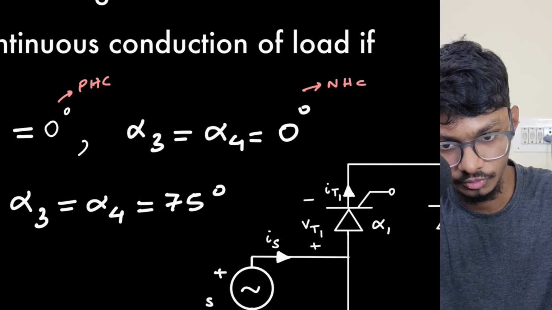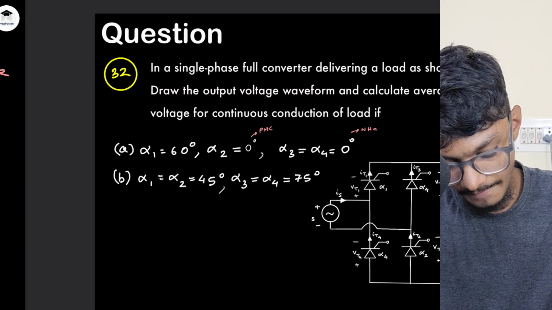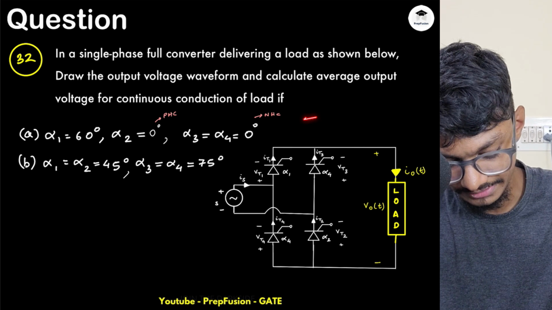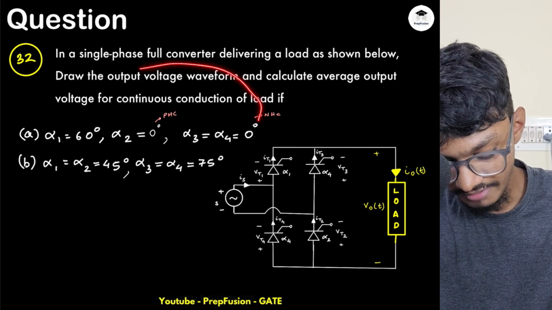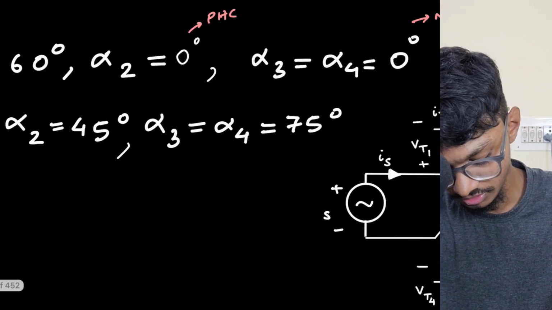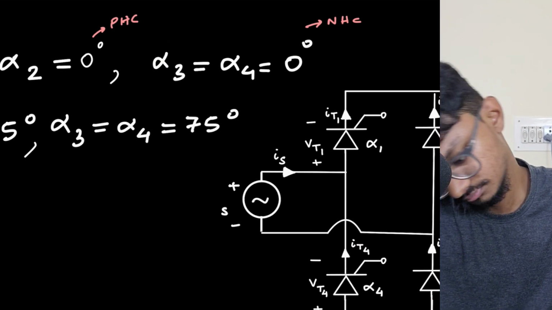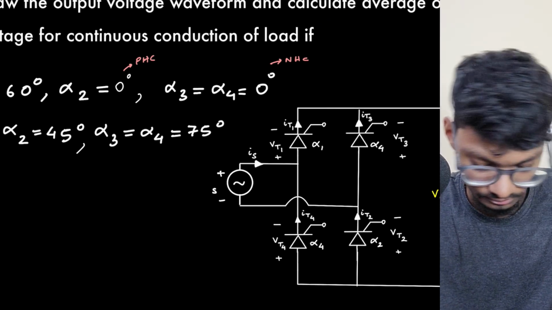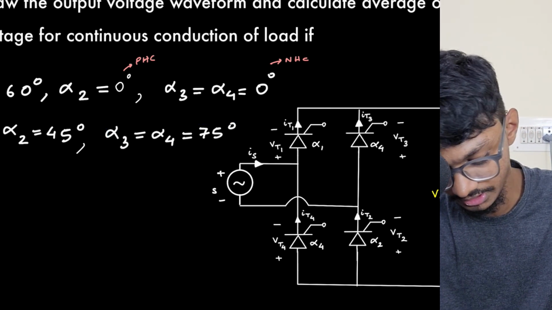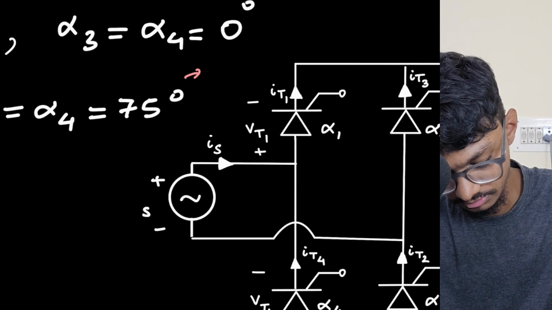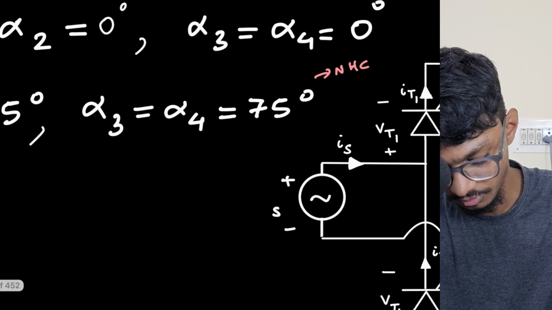So they have given us the information. This also is same only. Again, this is for the negative half cycle, and this for the positive half cycle.